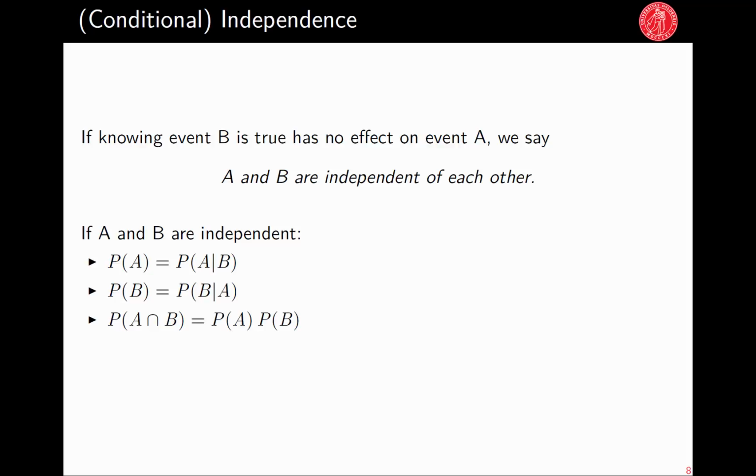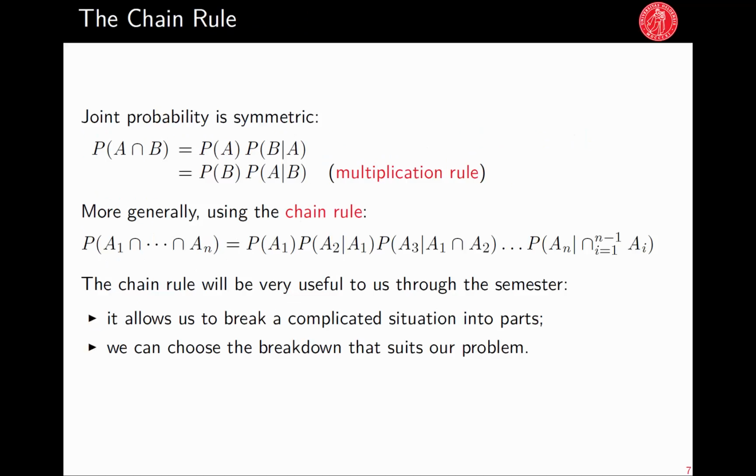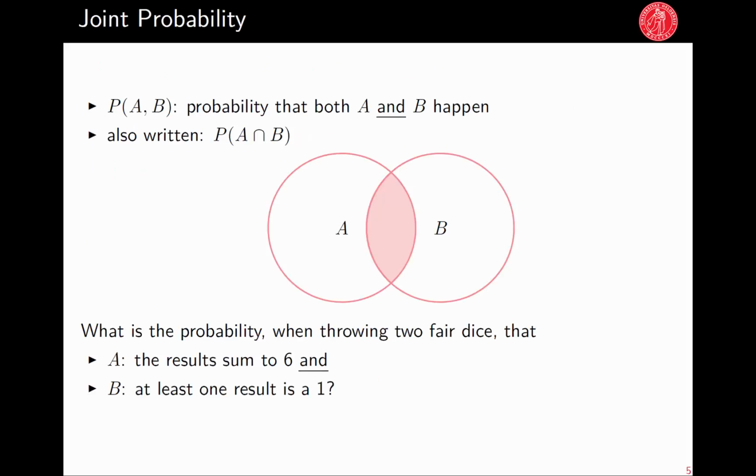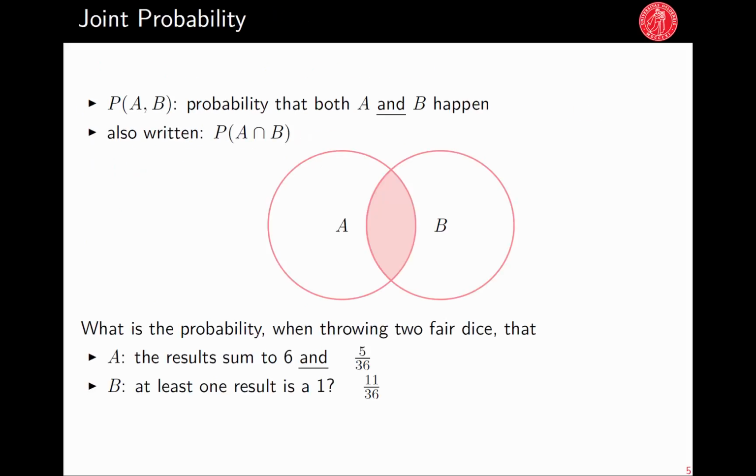So if we go back to the example where I promised we'd come back: the results sum to 6, that's 5 over 36, and at least one result is a 1, that's 11 over 36.